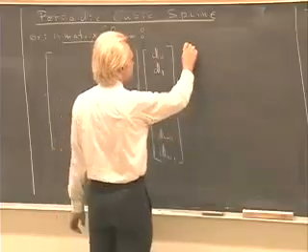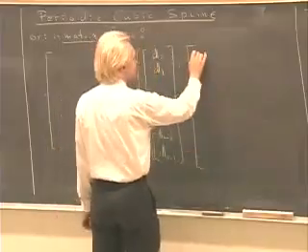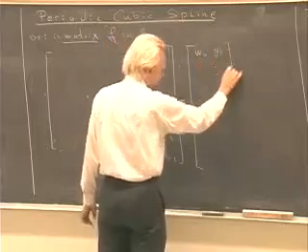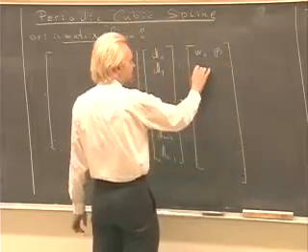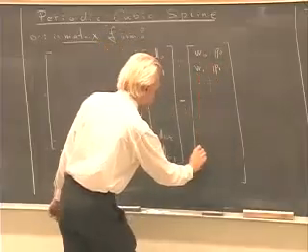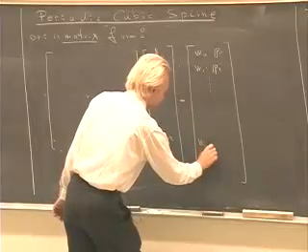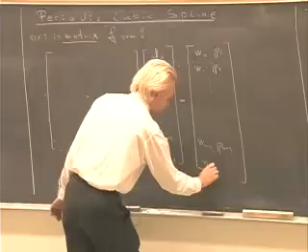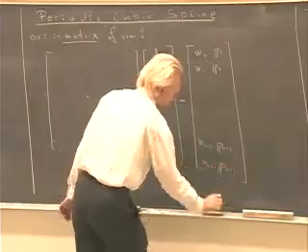What is it on the right-hand side? I have my weights, weight 0 times point 0, weight 1 times point 1, and so forth until weight n minus 2 times point n minus 2, and weight n minus 1 times point n minus 1.